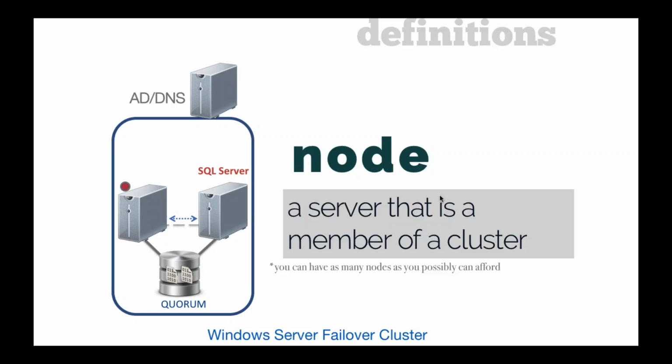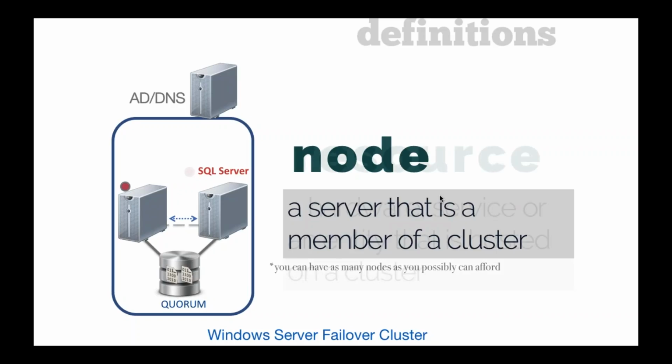In Windows Server 2012 R2, I believe you could build a Windows Server Failover cluster with 64 nodes. Of course, the more nodes you have, the more complicated your deployment becomes. But again, it's just a server acting as a member of that particular cluster.